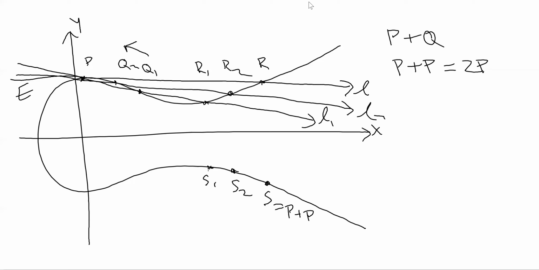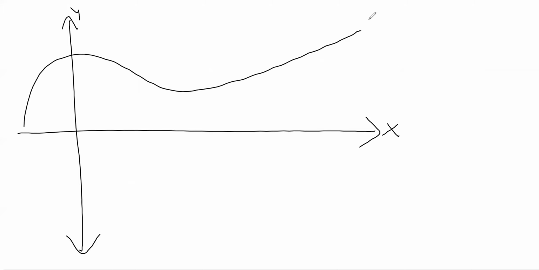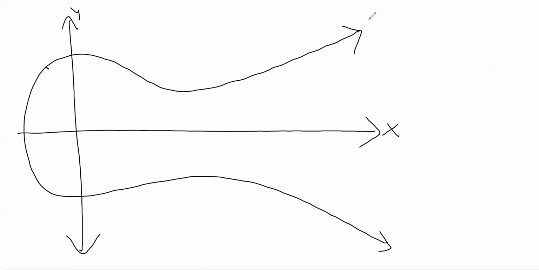A couple things to note. There is one special case. If we draw our elliptic curve again, so this is X, this is Y, let's say P and Q right here.